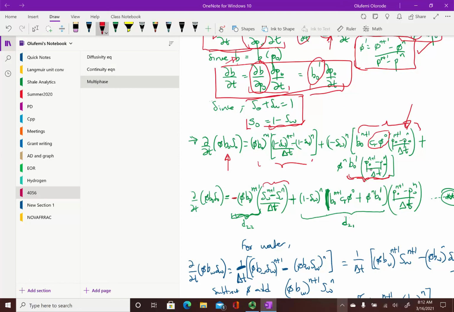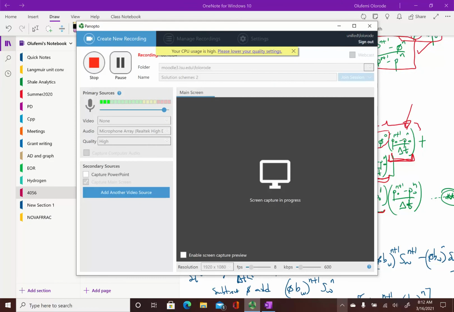We just collected these two functions of dphi/dt. And what we like to do when we implement reservoir simulators is to call this term D1, D22, and call this term D21. And you will see how that fits naturally into a matrix formulation. And at this point, I'd like to stop this video, then continue in another video.